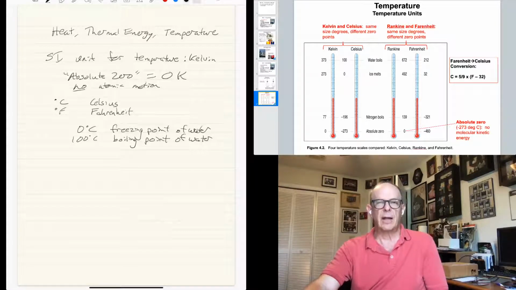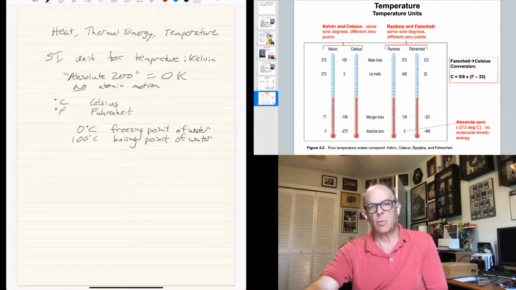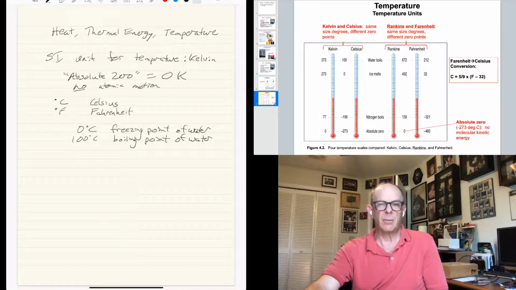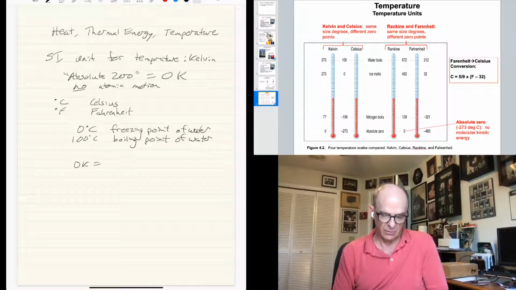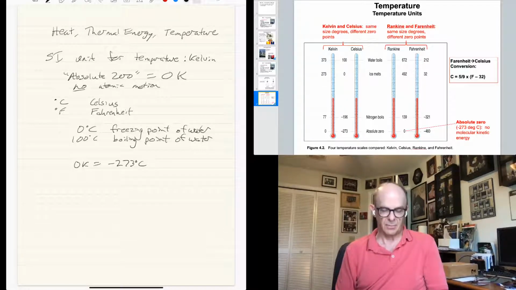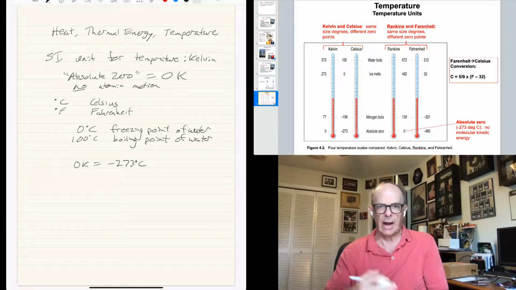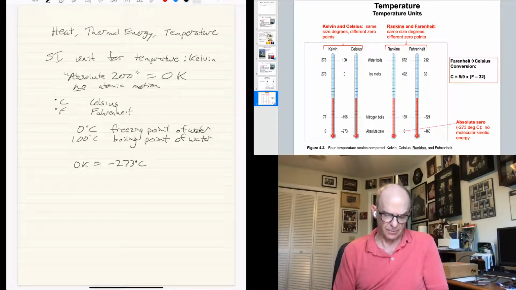In other words, a change in temperature of 100 Kelvin is equal to a change in temperature of 100 degrees Celsius. They are just offset from each other by about 273 degrees. So 0 K is minus 273 degrees C, but I only ever have to add or subtract a number to change from Celsius to Kelvin and vice versa.